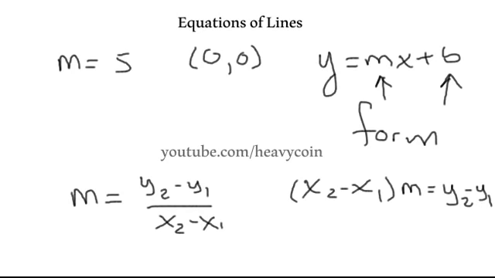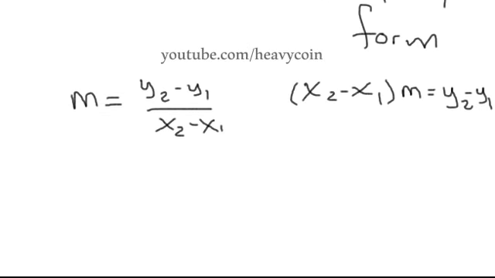But usually we do something to this. Now I'm going to rewrite this back in this form here. I'm going to just write a y minus the y1 is equal to x minus x1 times m.